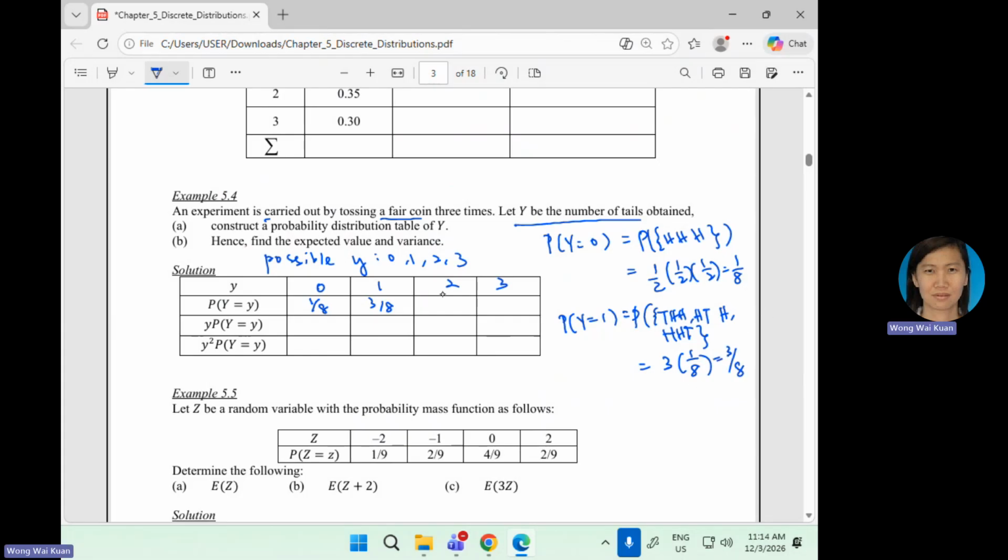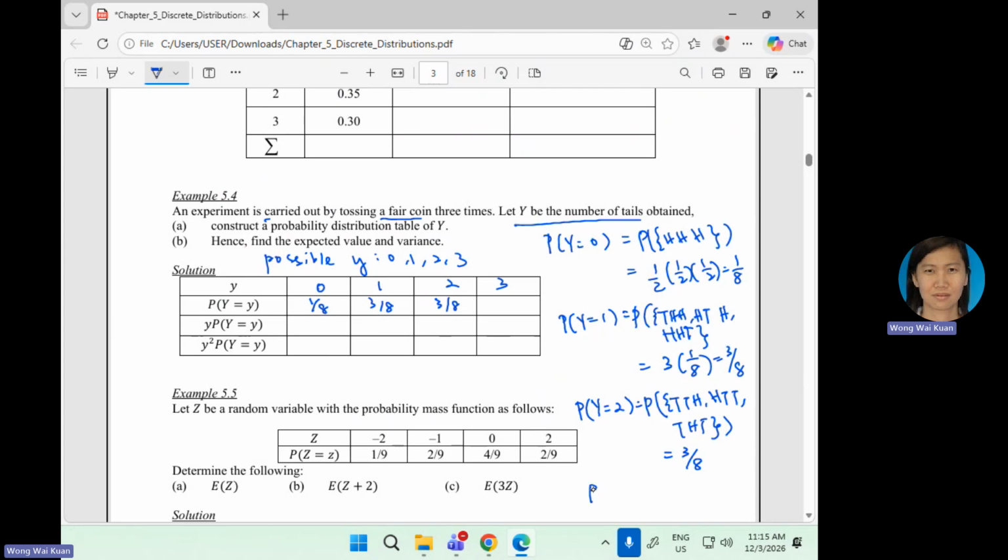Then how can you have a 2? The probability of Y equals 2 is tail, tail, head; head, tail, tail; and tail, head, tail. So again, this becomes 3/8.